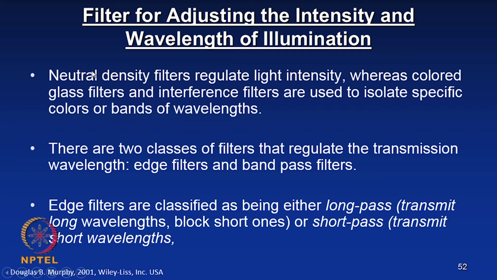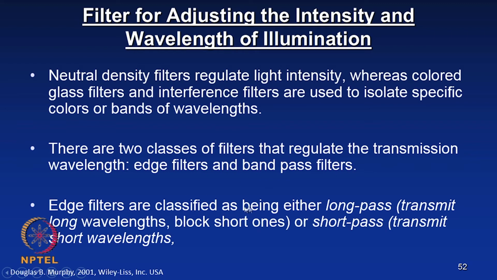Another term for full width at half maximum is half bandwidth. So, let us look at some more remarks on these filters. Neutral density filters regulate light intensity, whereas colored glass filters and interference filters are used to isolate specific colors or bands of wavelengths. There are two classes of filters that regulate the transmission wavelength: edge filters and band pass filters.